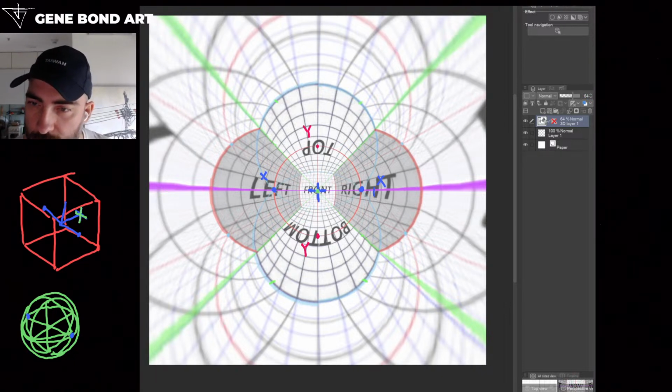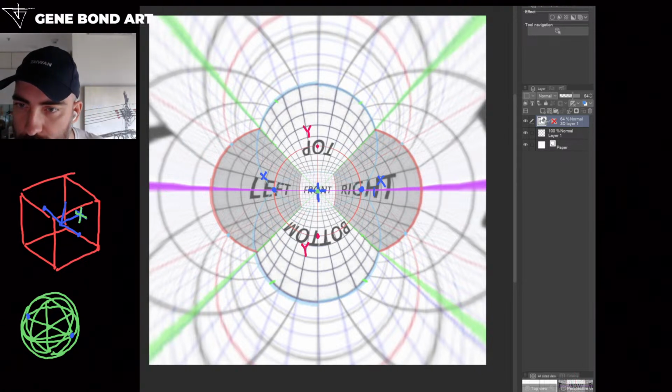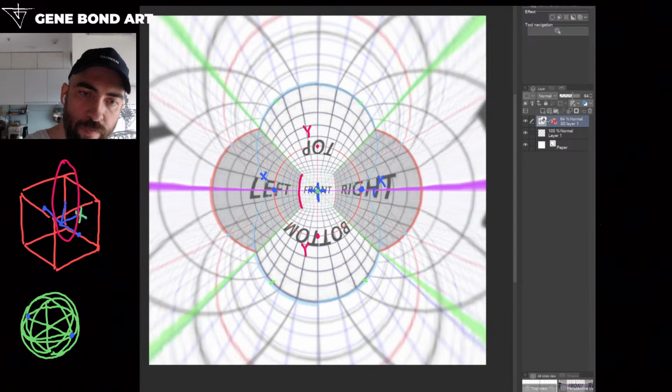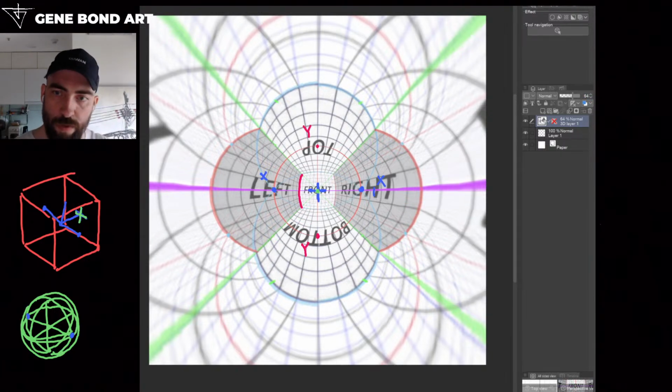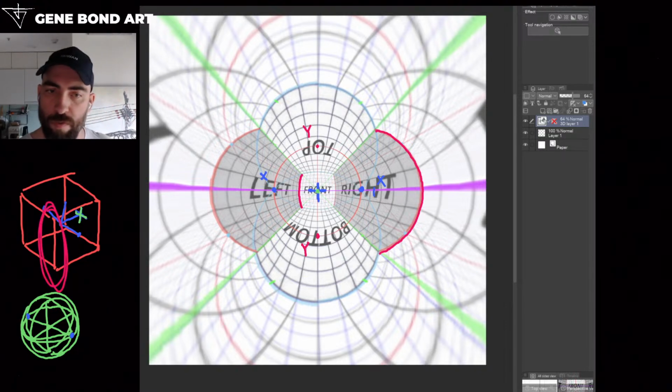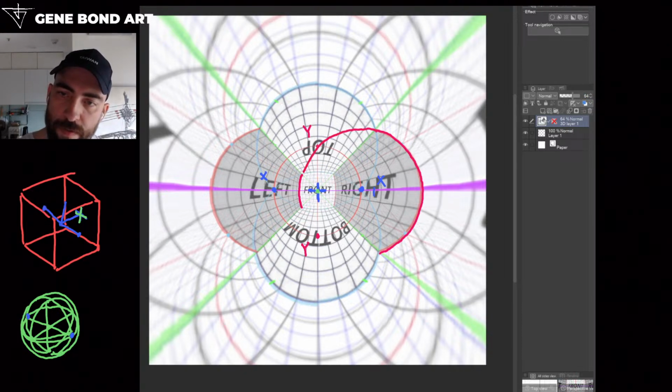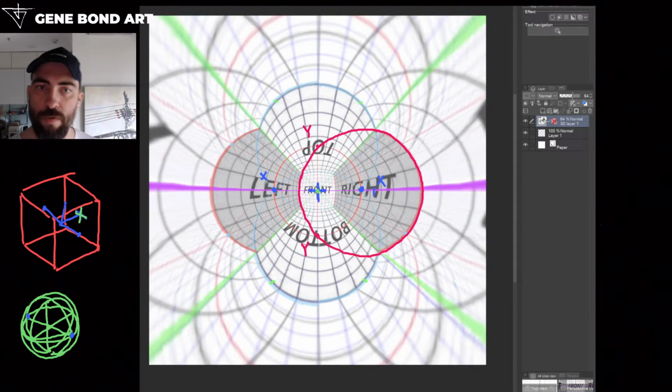And now you see this front left corner of a cube, of your room, and the rear right corner of your box room, they are making a circle going through the y vanishing point on the top and the y vanishing point on the bottom.